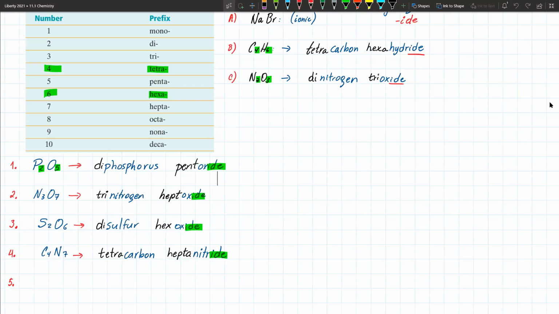Now, Shirley, it's your turn. It will be tetrasulfur heptabromide.